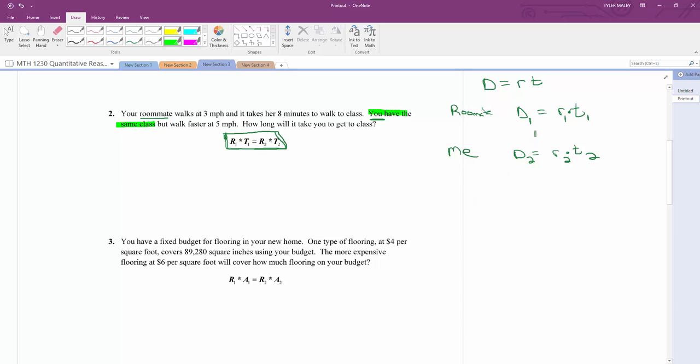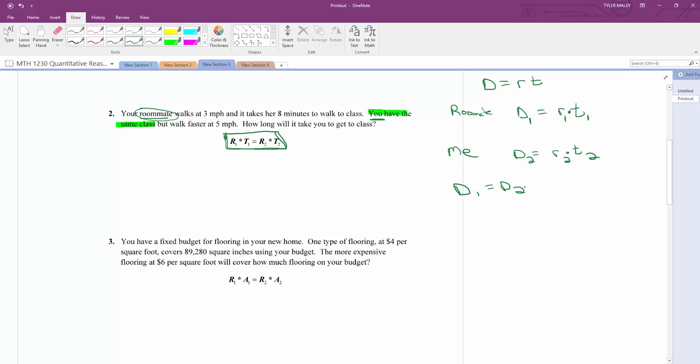The trick here is that since we're going to the same class, D1 must equal D2. That's what's implied. We live in the same dorm, we're roommates, and we're going to the same class, so one would assume the distance would be the same. We're going the same route.